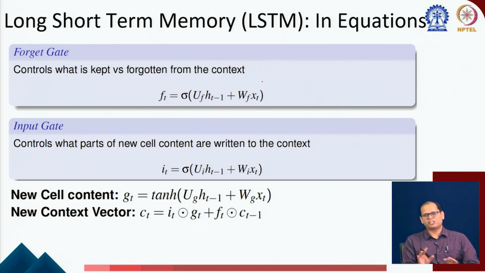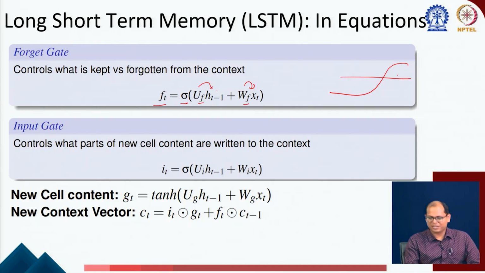The parameters are not shared by default. So the forget gate is nothing but, you have HT minus 1. You have U HT minus 1 plus W XT, the normal equation, but you use some subscript F, UF and WF, and you use sigmoid for the gate, because sigmoid is like a gate.